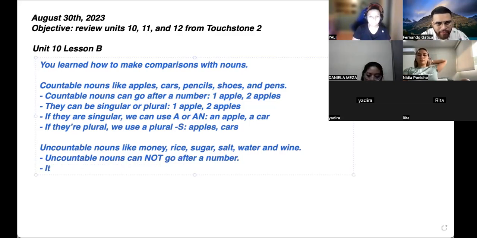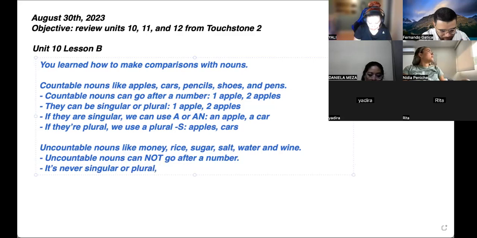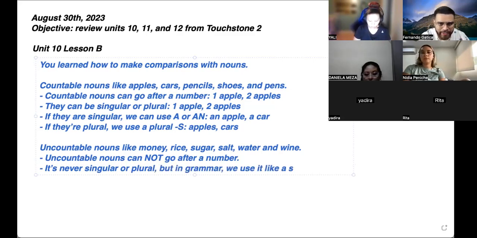And it's never singular or plural. But in grammar, we use it like a singular noun. No puede ser singular o plural, pero en la gramática lo usamos como si fuera un sustantivo singular.